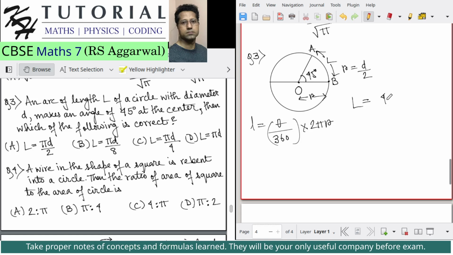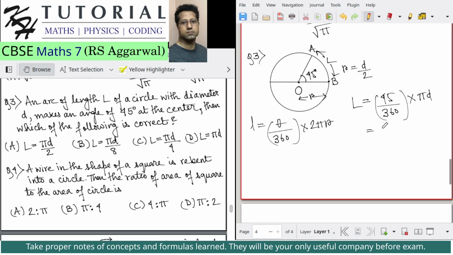So we have 45 by 360 multiplied by 2 pi r. Now 2 pi r is also equal to pi d, because twice r is equal to d, and d is the diameter of the circle. In the problem the diameter is given to be d. So we can say 2 pi r will be equal to pi d.